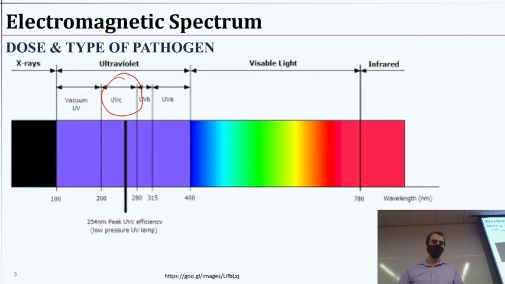We have a low pressure one that emits very strongly at 254, and medium pressure ones that are not quite as effective right at that 254 mark, although they do have that emissions peak, but they also have some extra emissions in higher wavelengths. So that's kind of the background, and then some new technologies.